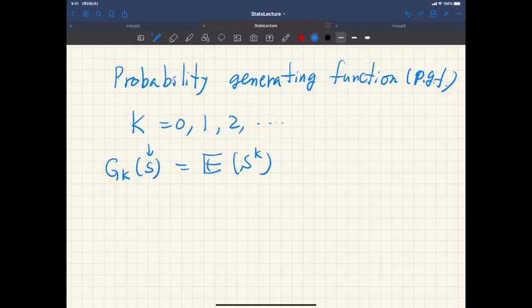It's just introduced for convenience. And according to the definition of the expectation value for a discrete random variable, in this case it will be the summation from 0 to infinity of s to the power of k times the probability of k.